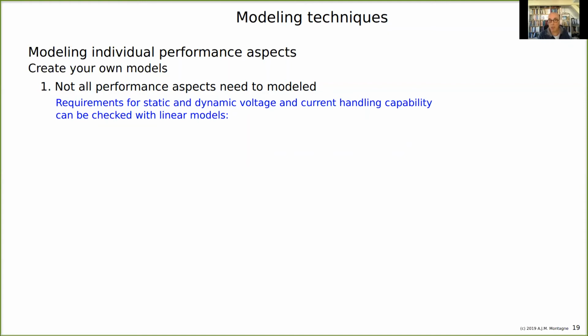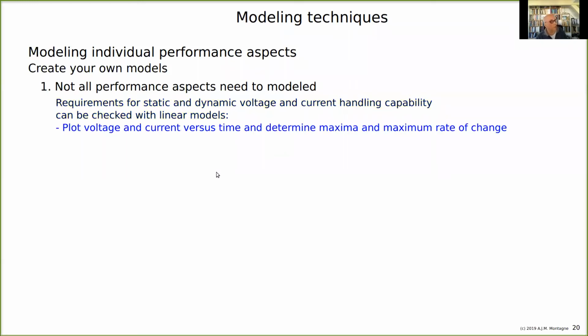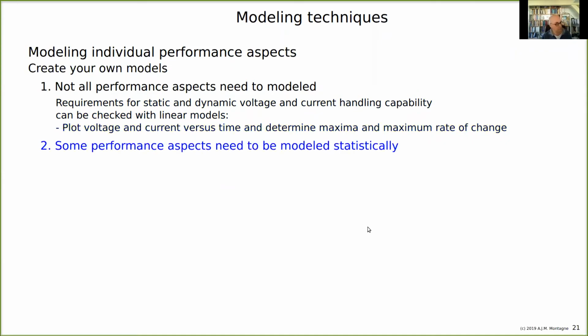It's not, let's say, how the real transistor-based device will work. For that, you would really need transistor-based models, and they are very large and often not supplied. So that holds for, you just plot the voltage and the current versus time and see if your maxima exceed the limit of what it should be able to deliver.